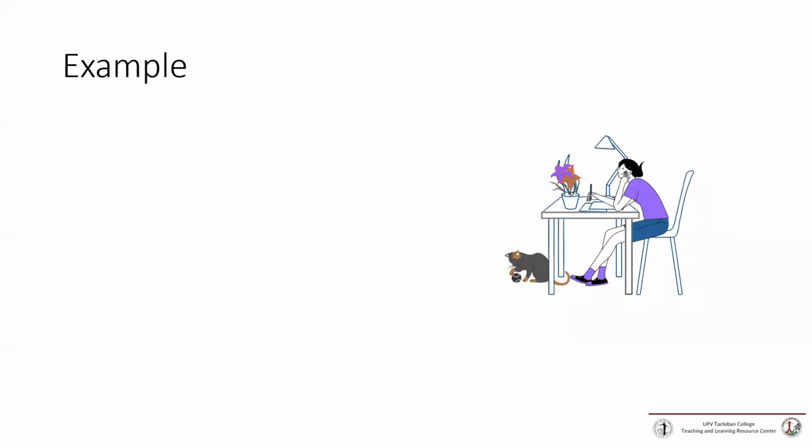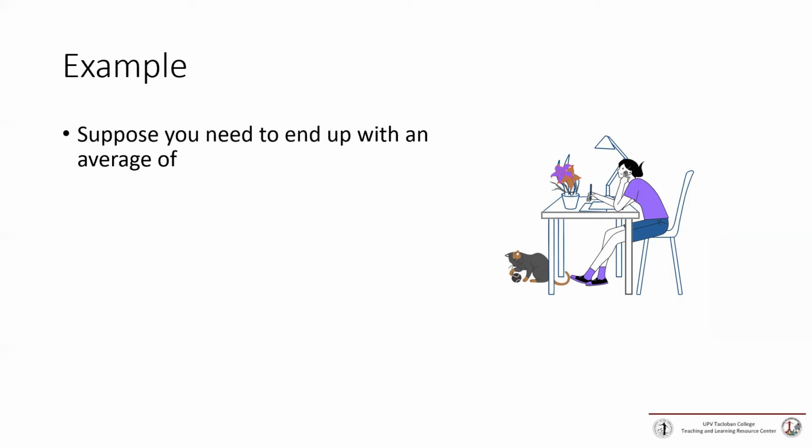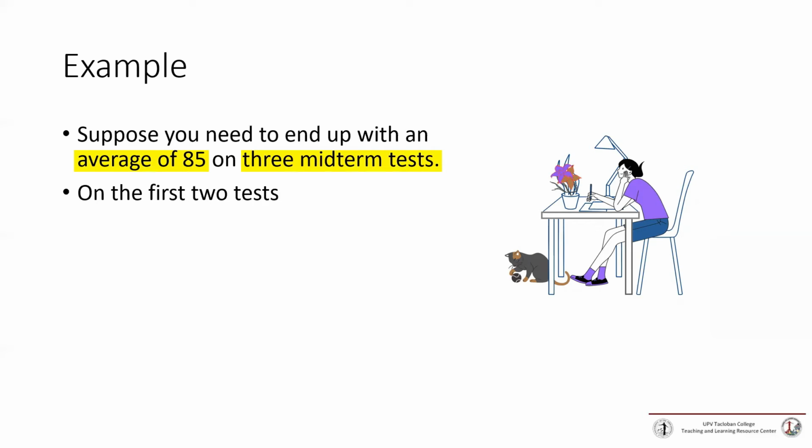To understand more about the concept of equation, let's have this real life situation. Suppose you need to end up with an average of 85 on 3 midterm tests. On the first 2 tests, you got 76 and 87.